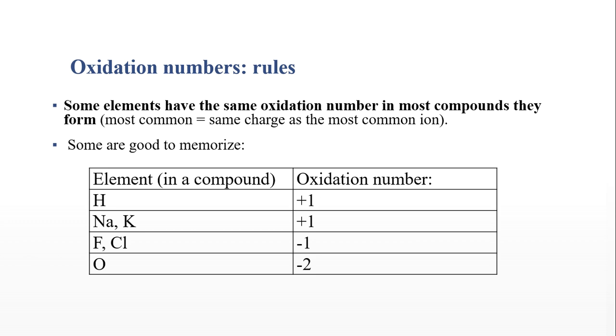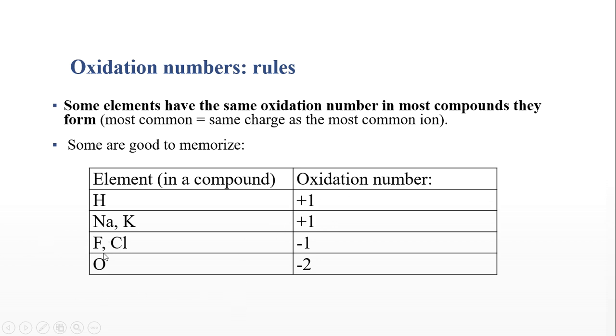So some elements have the same oxidation number in most compounds, and I'd like you to memorize the following. Whenever we find hydrogen in a compound, its oxidation number is +1. Whenever you find sodium or potassium in a compound, the oxidation number will be +1.